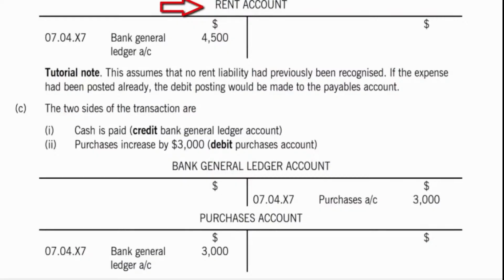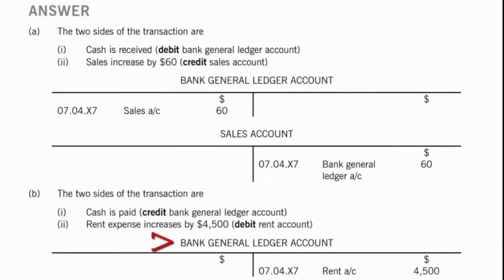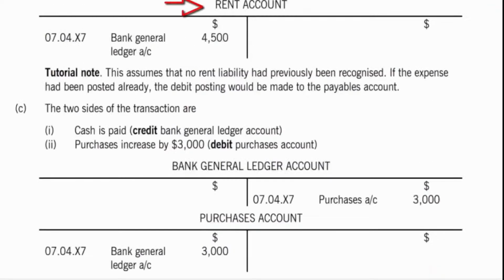Rent, an expense, increases because rent is a business expense. This is recorded as a debit in the rent account. How it's recorded in the ledgers. Bank general ledger account. Credit, $4,500 to the rent account. Rent account. Debit, $4,500 from the bank general ledger account.